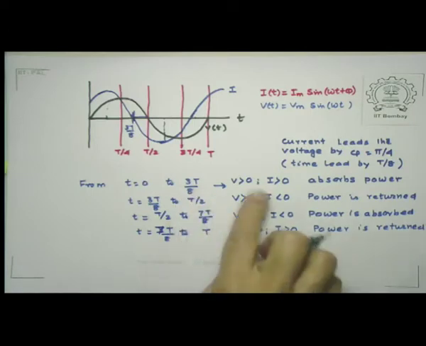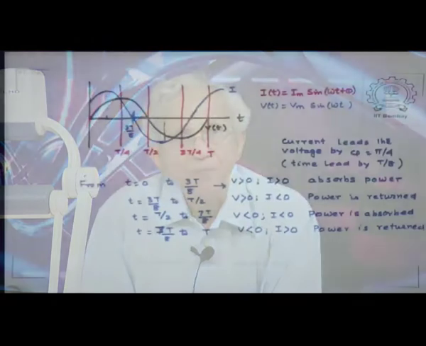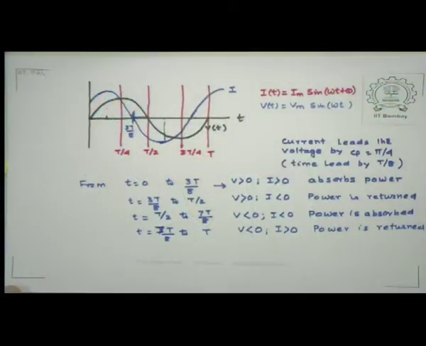In deciding which is positive and which is negative, I realized that the sine function remains positive for the first two quadrants and becomes negative in the next two quadrants. If you look at this summary, you will realize for a larger part of the cycle, the circuit absorbs power from the source, and for a relatively smaller duration, it returns energy to the source.